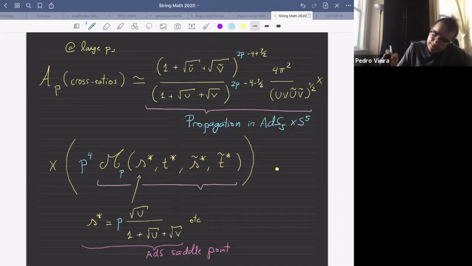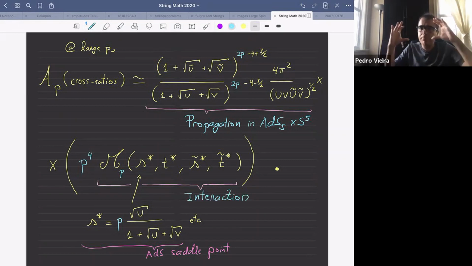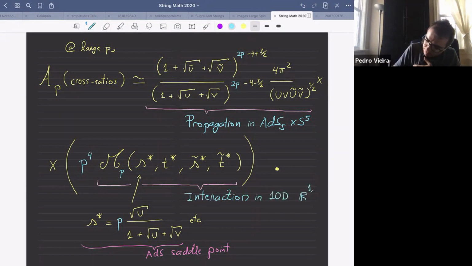And then there will be this bottom part, and this would be describing the interaction part, and the interaction part is now happening in this flat space region, in 10-dimensional flat space. Okay, and that's the claim that we have.